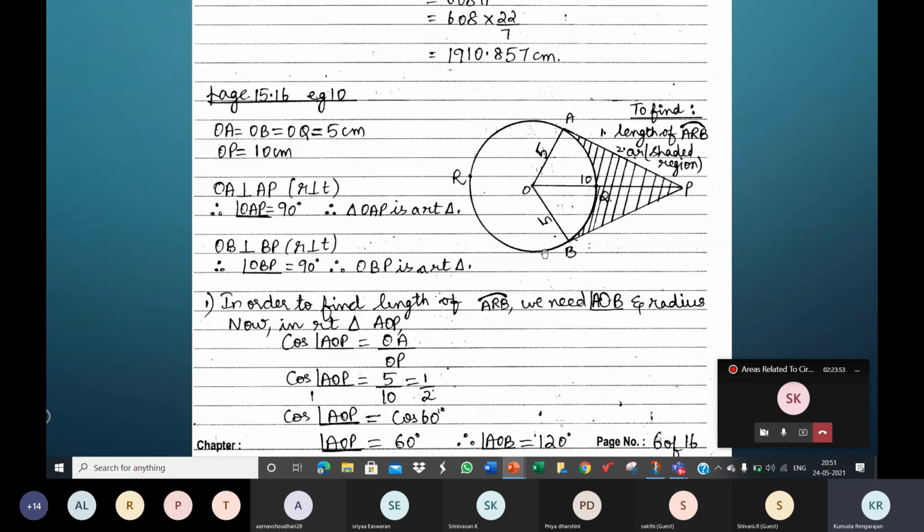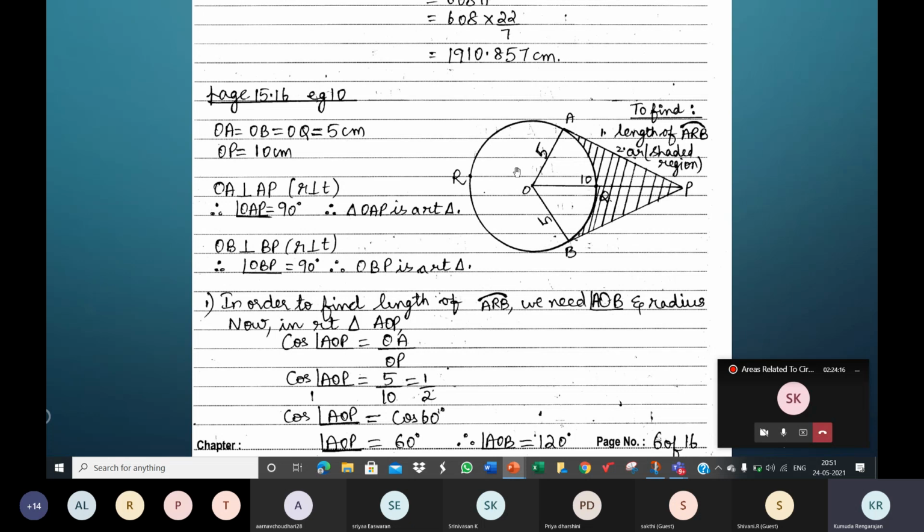To find the length of the arc, we need two things: the sector angle and the value of the radius. The radius is given in the question, 5 centimeters. What is not known? We do not know the sector angle, without which you cannot find the length of this arc.